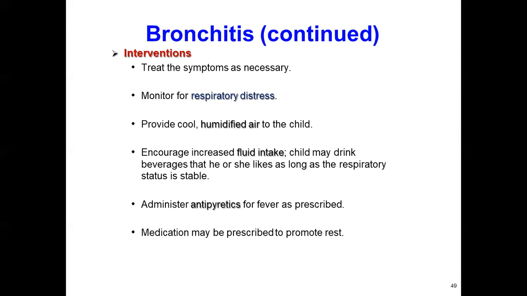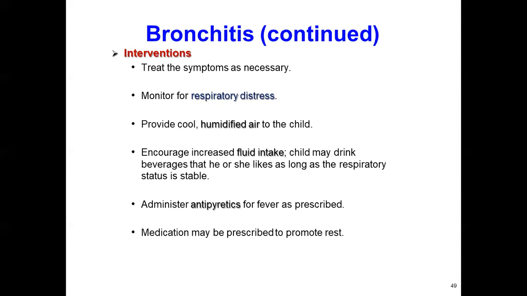What else? We go for the assessment. First, see what the patient needs and treat the symptoms as necessary. Monitor respiratory distress. We check the saturation of oxygen by pulse oximetry. If it is less than 95%, we give them oxygen.